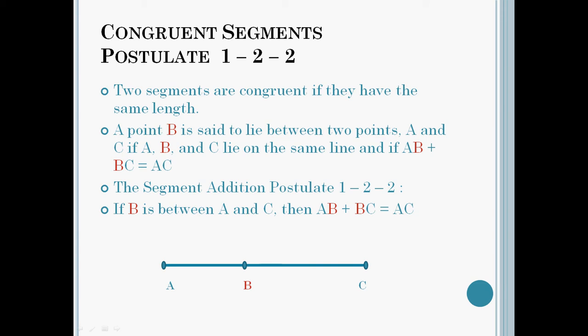A point B is said to lie between 2 points, A and C, if A, B, and C are on the same line, and if the segment AB plus the segment BC equals the entire segment AC. This gives us the segment addition postulate, 1.2.2. It states that if B is between A and C, then AB plus BC equals AC.